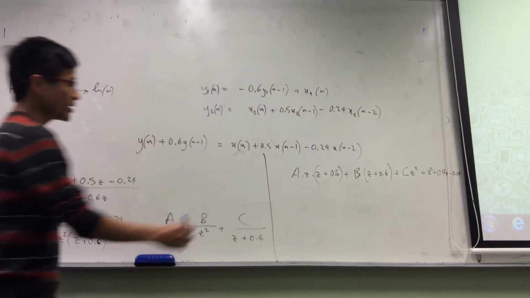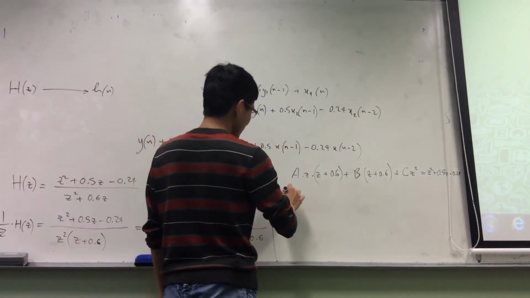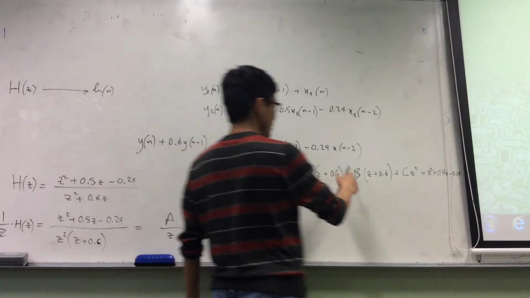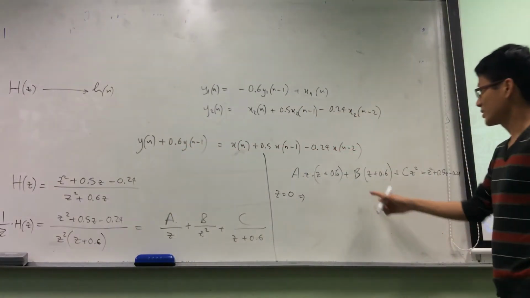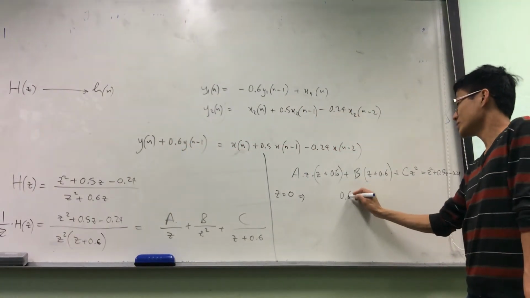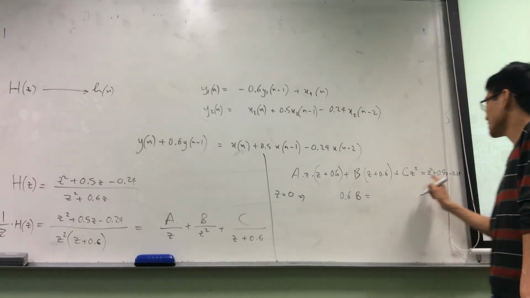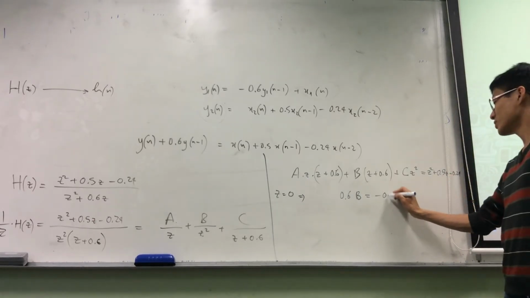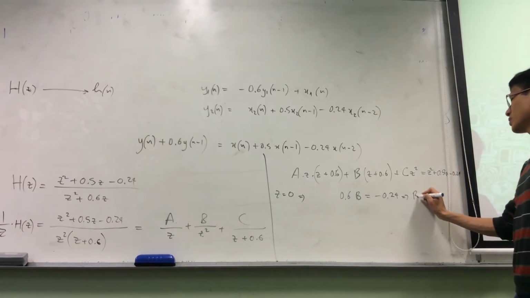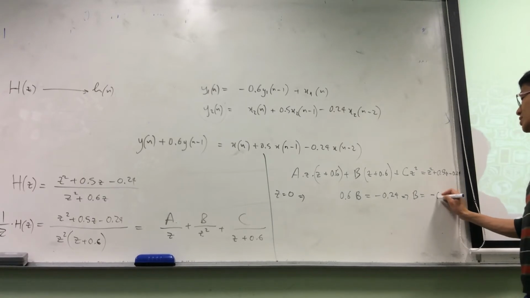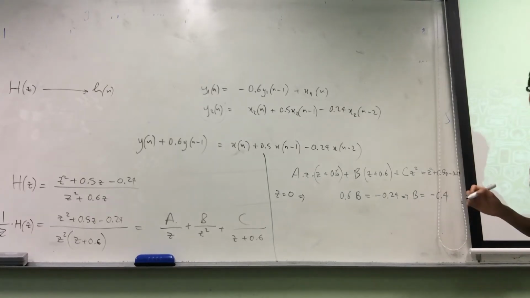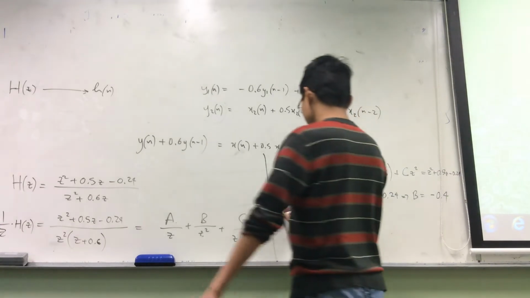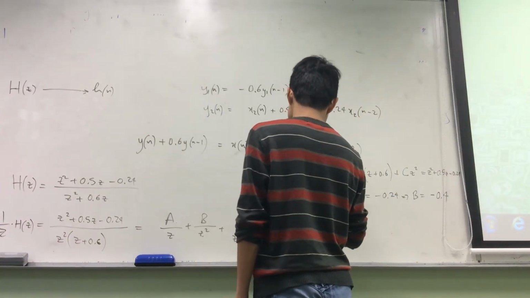Okay, and then you substitute z equal to 0, let's say. We got 0 here, so we have here 0.6 B equal to minus 0.24, so B equal to minus 0.4. And then you substitute z equal to minus 0.6.